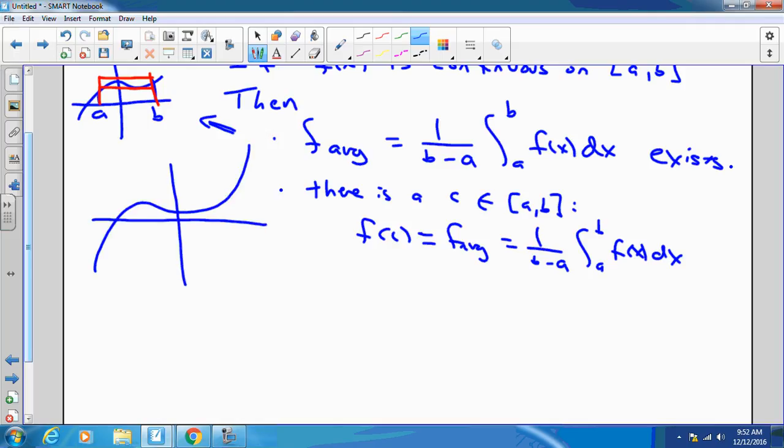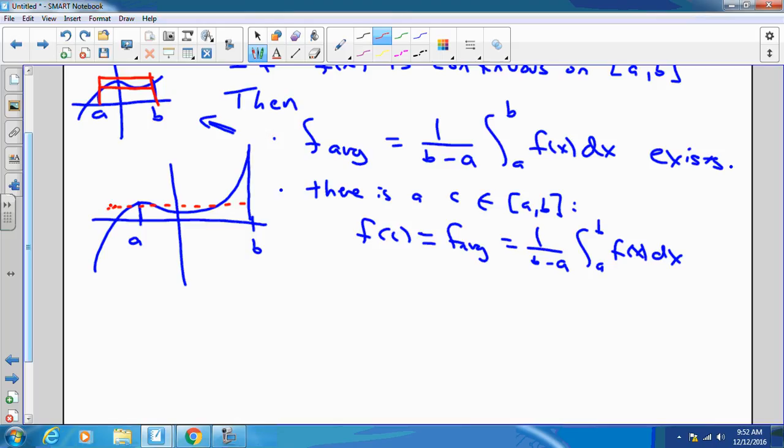Let me draw a picture first and then I'll prove it. If this is my f, here's my a, and here's my b, then what I am effectively saying is that my function has to hit its average value somewhere in here. And actually, I drew that a little too high. I need to draw it a little bit lower, maybe right here.